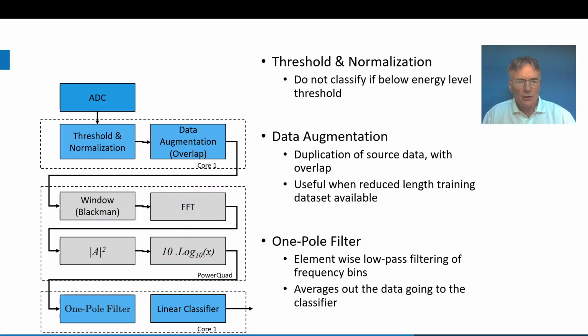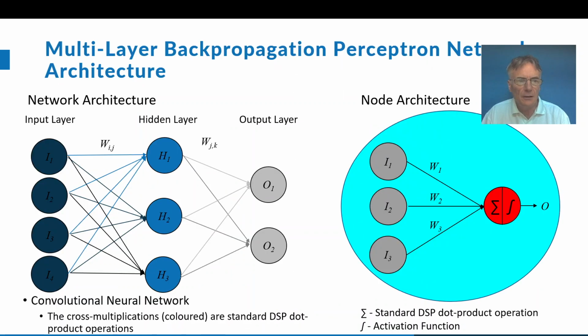You can see mentioned on there a number of cores and a PowerQuad. My first implementation of this, which I'll talk about at the end, was actually on an NXP PowerQuad device. Okay, so these are the main blocks of the system. I'm not going to focus on them now because I'll talk about them in more detail.